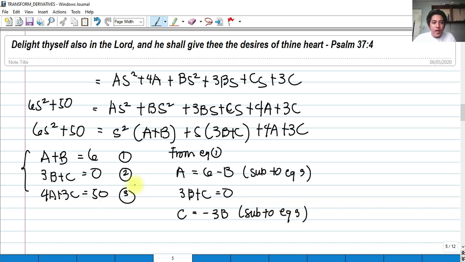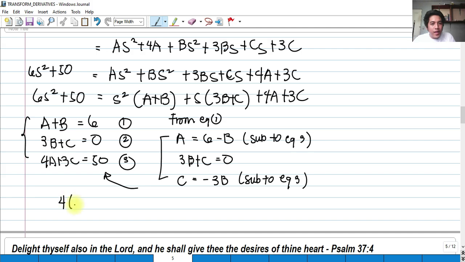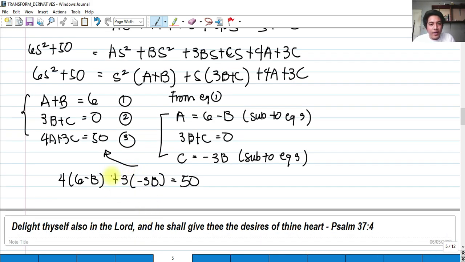If we do this substitution to our equation 3, we have 4 times 6 minus b, plus 3 times negative 3b equals 50. Upon solving this, we can get a value of b that is equal to negative 2.